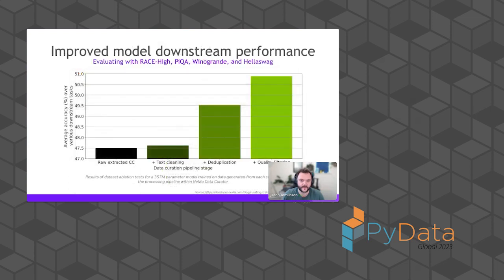And to highlight why, the group did a bunch of benchmarking of the effect of doing data preparation and data cleaning on the accuracy of the model that's trained. And one of the things I wanted to pick out here, as you can see, is that one of the biggest improvements in downstream accuracy is the deduplication of the data, right?